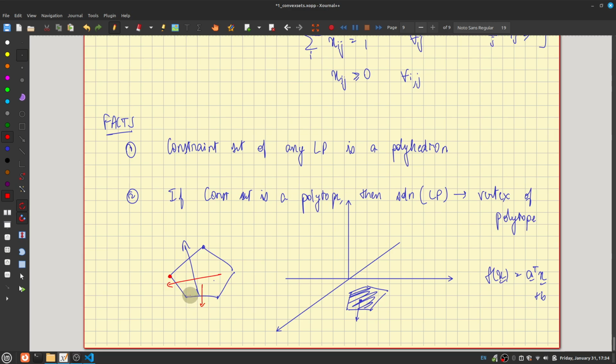Then again, any point on this edge will achieve the maximum function value, right? But then I can choose any vertex along this edge to be a point of maximum. So no matter what happens, the solution to the linear program can always be chosen to be one of these vertices of the polytope.